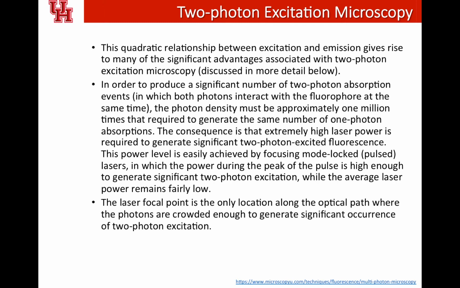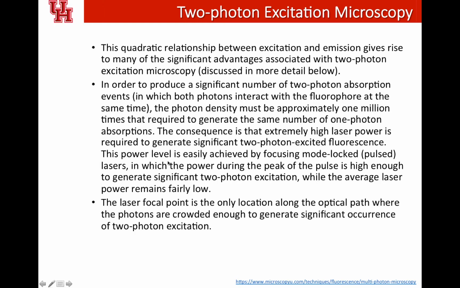The intensity, somewhere I wrote it, is about a million times higher than for single photon excitation fluorescence. In order to produce a significant amount of two photon absorption, the photon density must be approximately 1 million times that required to generate the same number of one photon absorptions. The consequence is that extremely high laser power is required to generate significant two photon excited fluorophore.